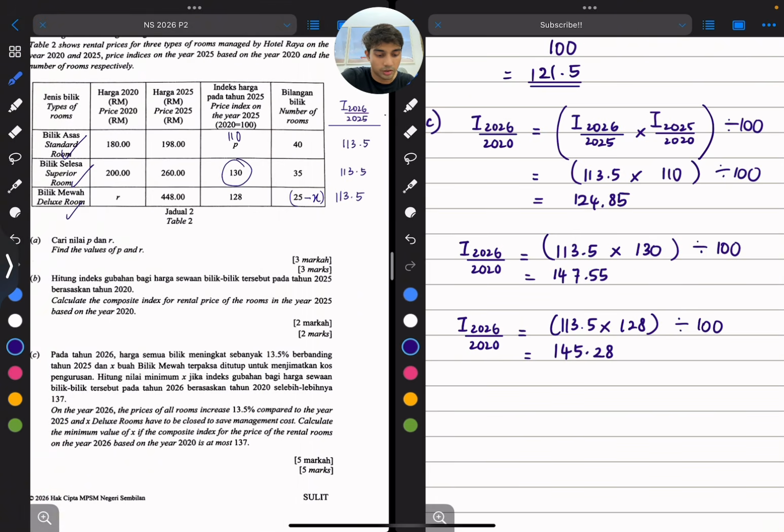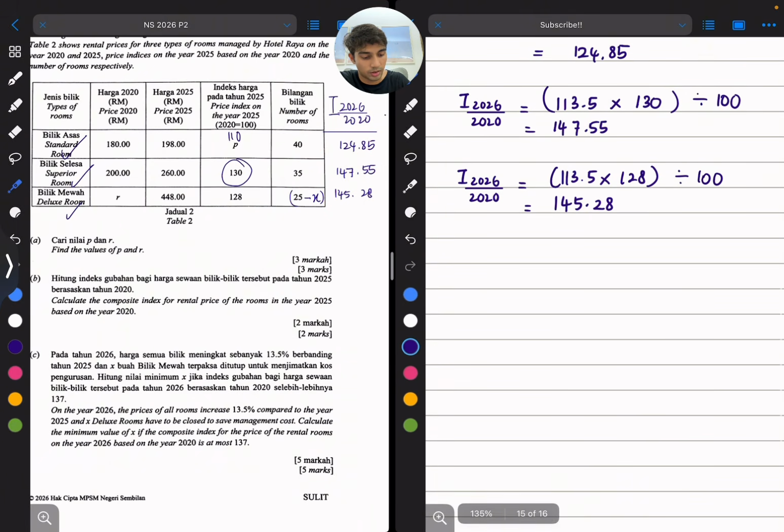All right, now we have the index of 2026 based on the year 2020. Let's update: for 2026 based on 2020, we have the indices 124.85, 147.55, and 145.28. Now we can find the composite index of 2026 based on 2020. This is the index, this is the weightage, index, weightage, index, weightage.